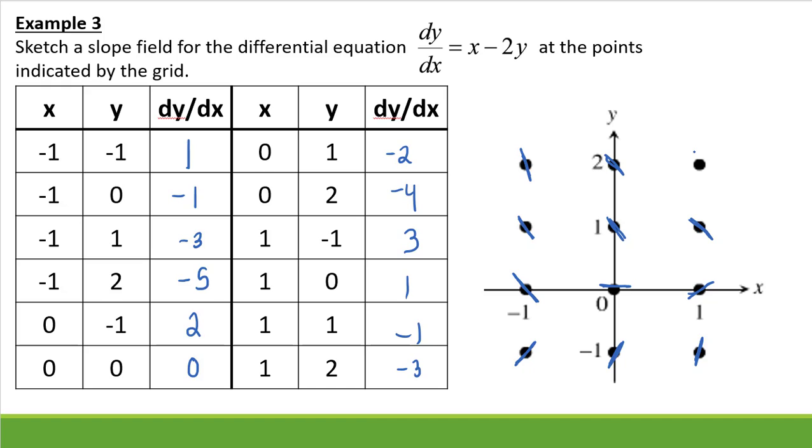What I'm going to be looking for is the chart, and also any slope that should be zero, any slope that should be 0, like right there. Any slope that is negative, are those negative? Yes. And do they look like they're increasing a little bit? I don't know exactly perfectly what they are, and you don't have to worry about that. You don't have to label what these slopes are on your slope field. It just gives me an idea of the curve.